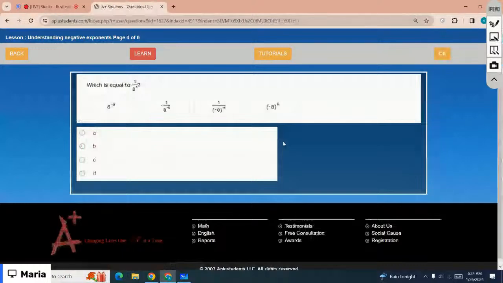The next one is which is equal to 1 over 8 exponent 6. So which option is the correct one? 1, 2, 3, 4.